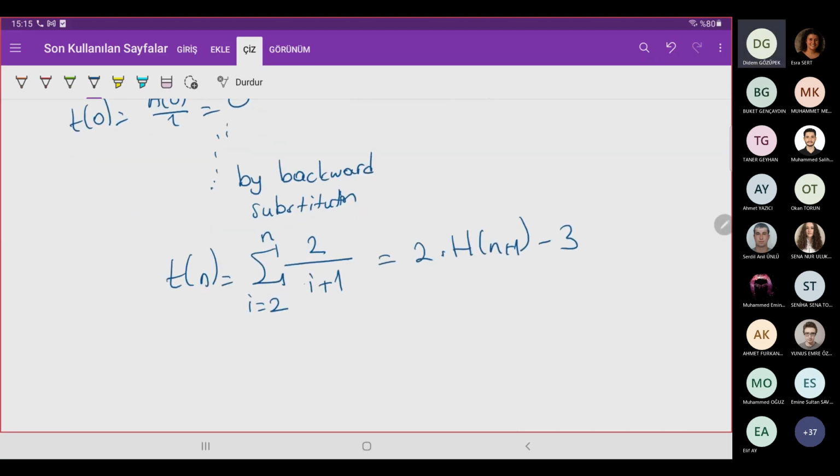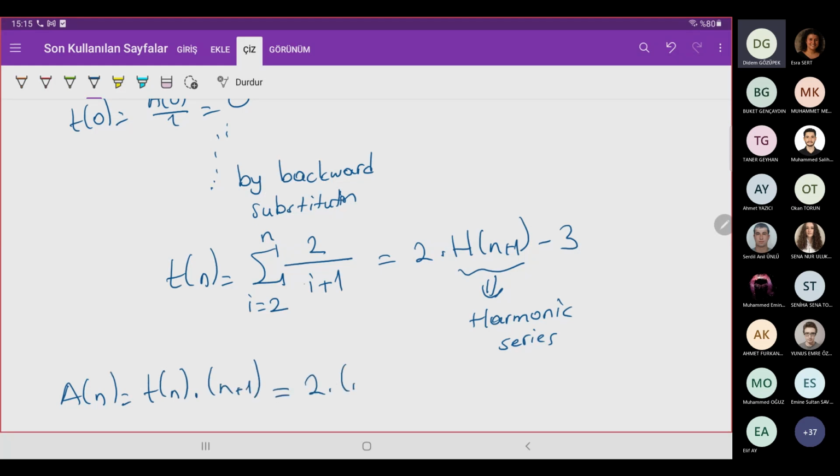That's what T(n) is. So this is the harmonic series that we have also seen previously. Because a(n) is equal to T(n) times n plus 1, this is equal to 2 times n plus 1 times H(n+1) minus 3 times n plus 1.